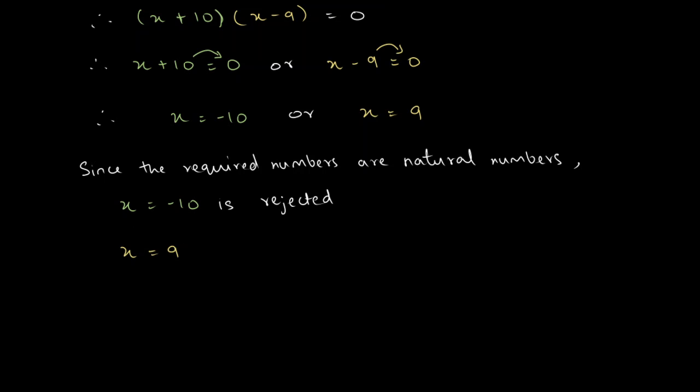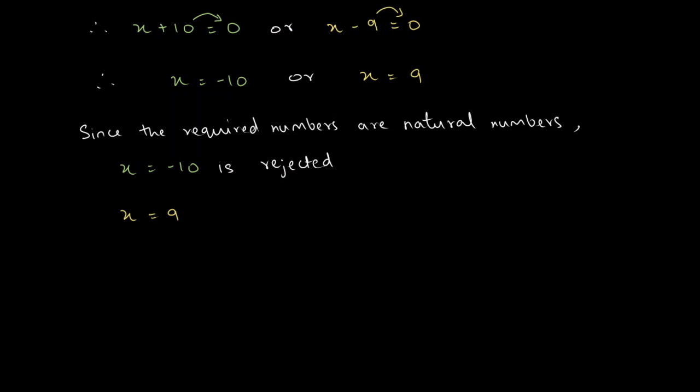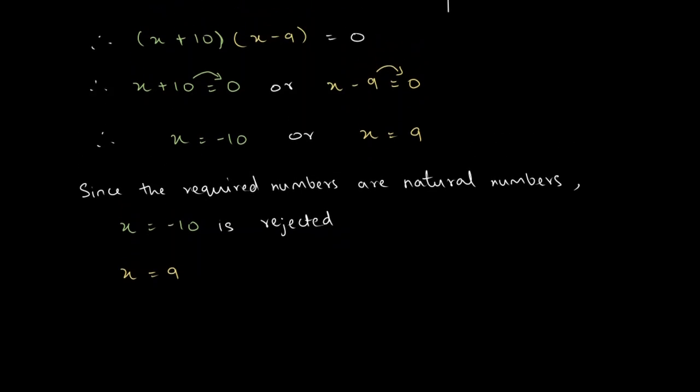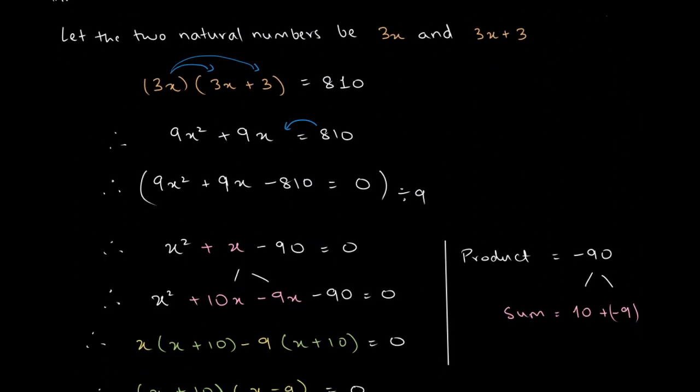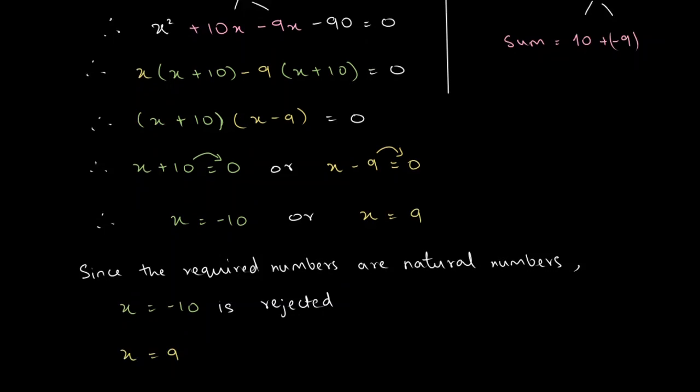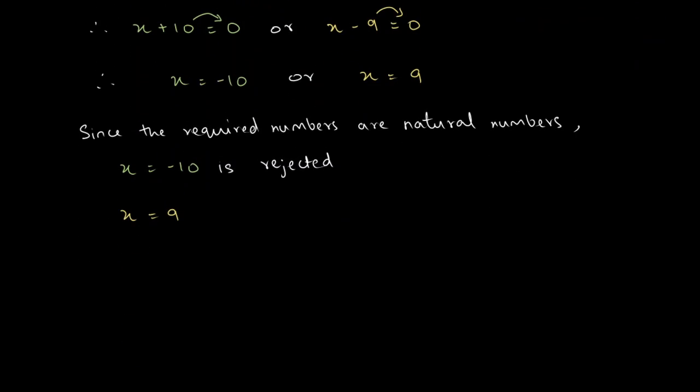Now, don't stop here. Even though we found the value of x, remember, we want to find the natural numbers that we've considered, which are multiples of 3, taken as 3x and 3x plus 3. We've got x is equal to 9. Therefore 3x would be equal to 3 into 9, which is 27, and 3x plus 3 is equal to 3 into 9 plus 3, which is 27 plus 3, that is 30.